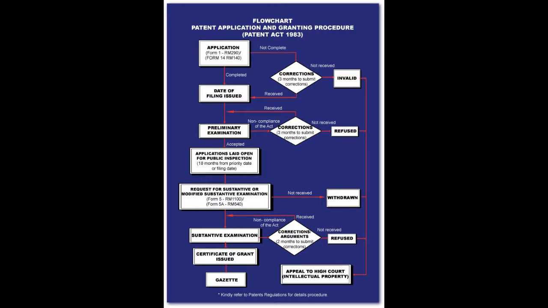How does a company make a patent on the design? The procedure: first, whoever wants to register the patent can register as an individual, or as a company. They can also register with an agent.